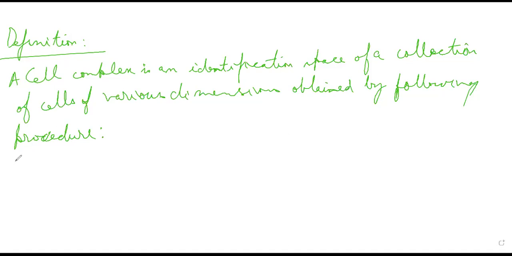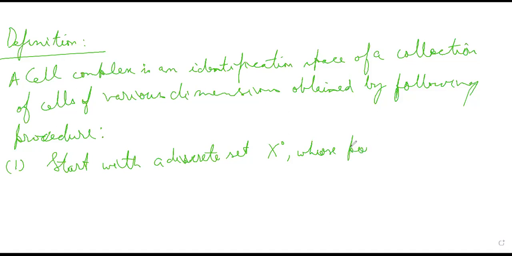So what is the procedure? First, start with a discrete set X naught whose points are regarded as zero cells.